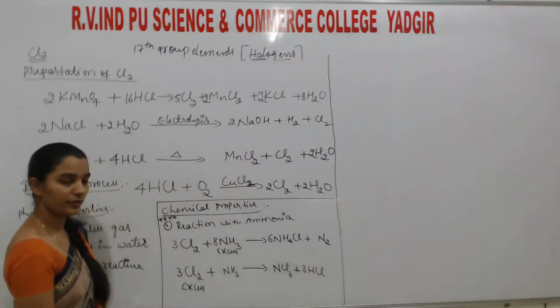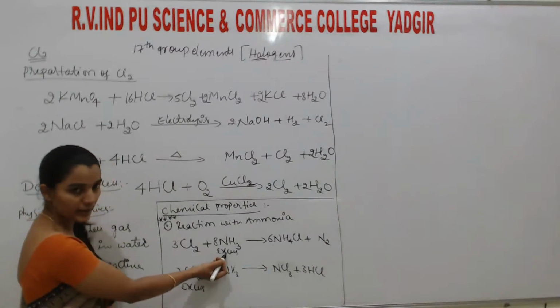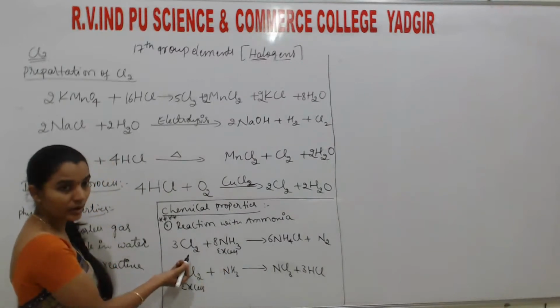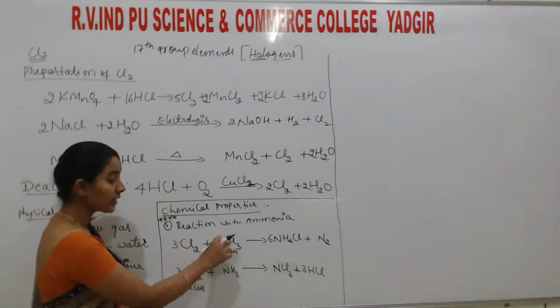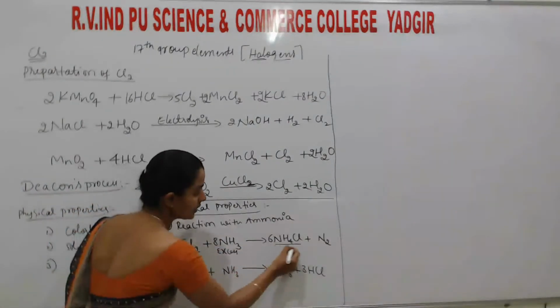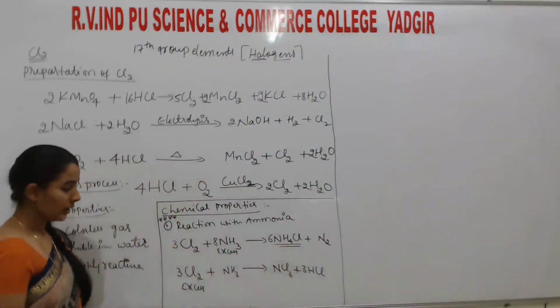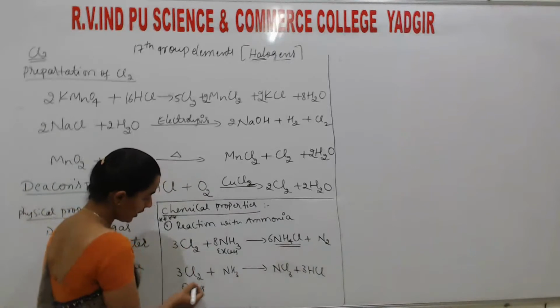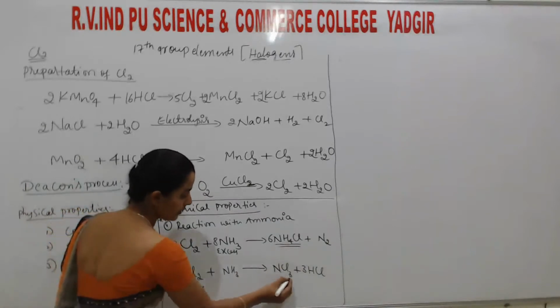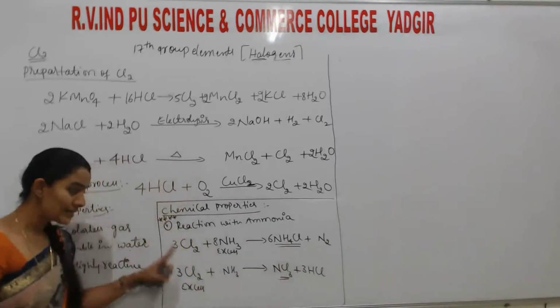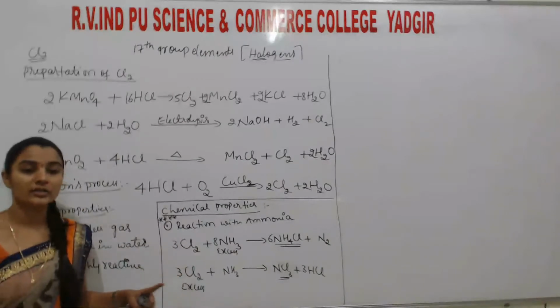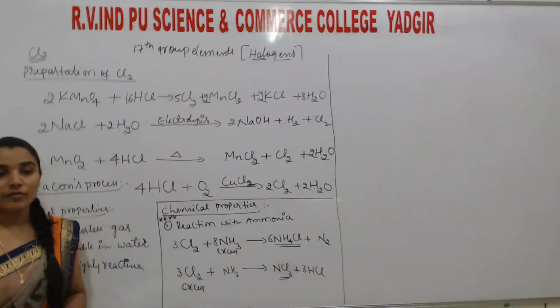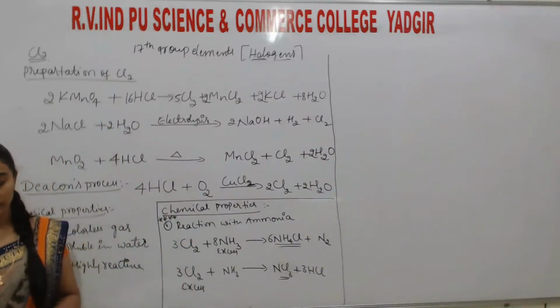Are you getting the difference? If ammonia is in excess and chlorine is a smaller amount, the result is NH4Cl. If ammonia reacts with excess of Cl2, then NCl3 is formed. This type of comparative reaction is very important for 1 mark questions, as I told you.